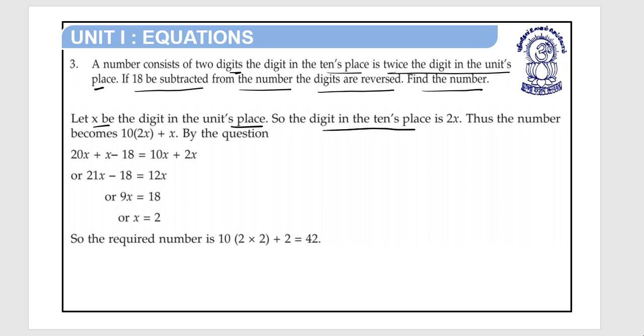So the digit in the tens place is twice, 2x. Thus the number becomes 10 into 2x plus x, which is 20x plus x.